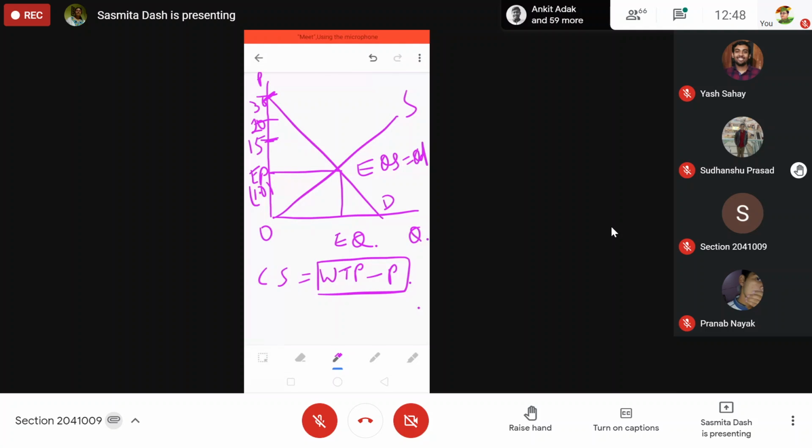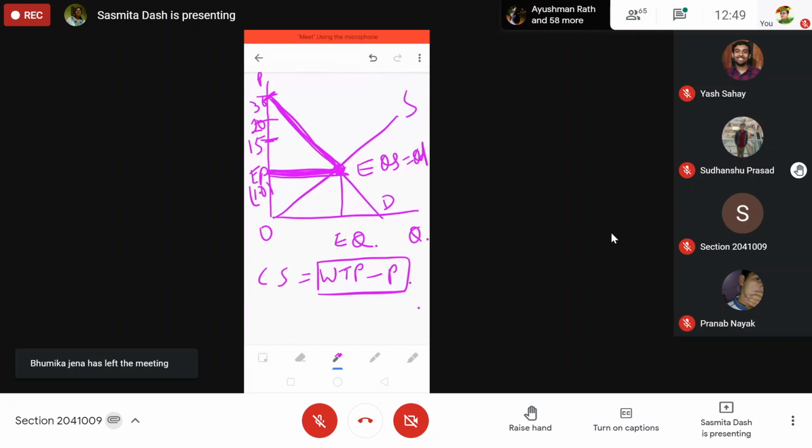When there are a large number of people and we want to add all their consumer surplus, instead of going on adding them, we can calculate the consumer surplus as the area between the price line and the demand curve. This is the price line, the equilibrium price is here. The demand curve represents the buyer's willingness to pay.